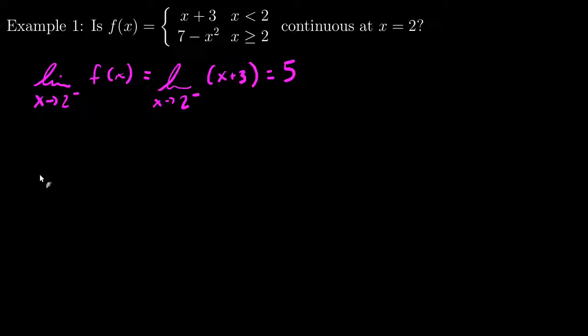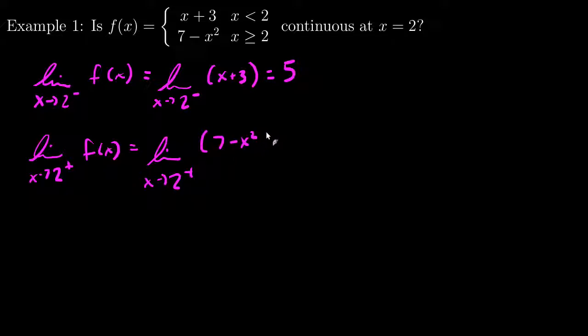If I had the limit as x approaches 2 from the right of f of x, that's going to equal the limit as x approaches 2 from the right of 7 minus x squared, which will end up equaling 3.